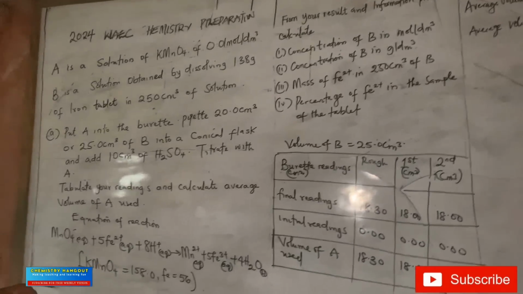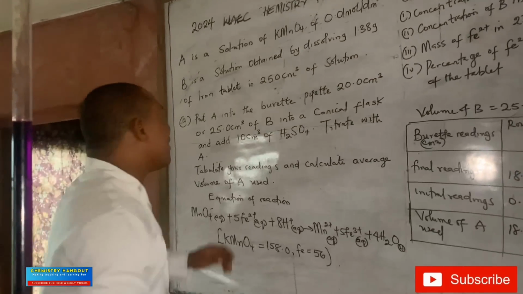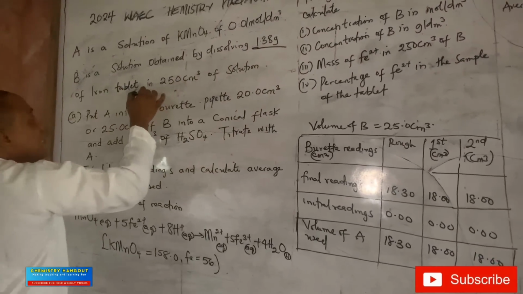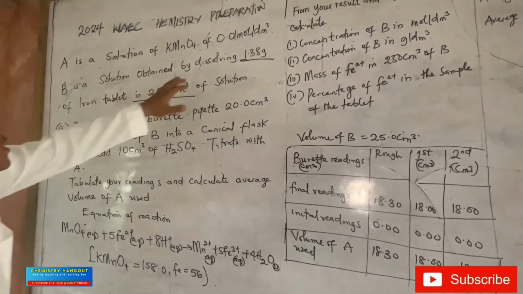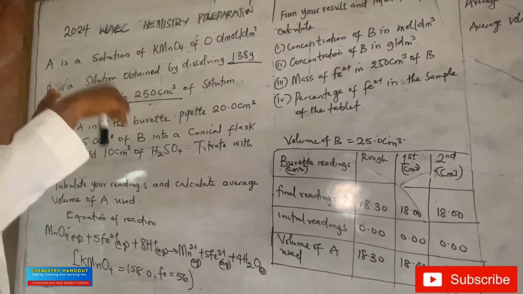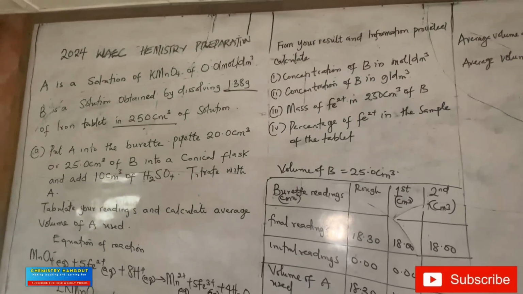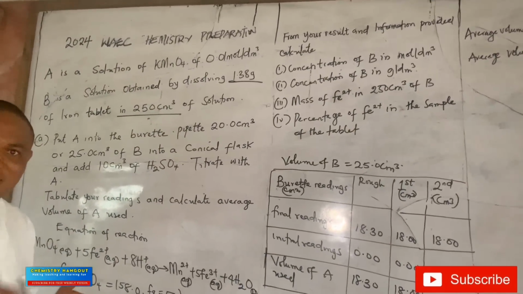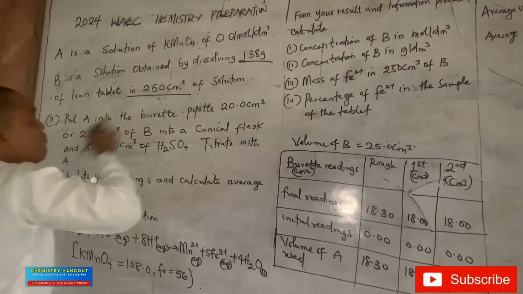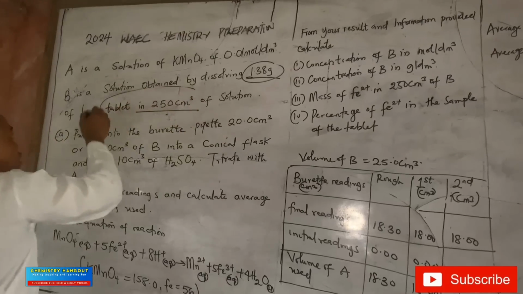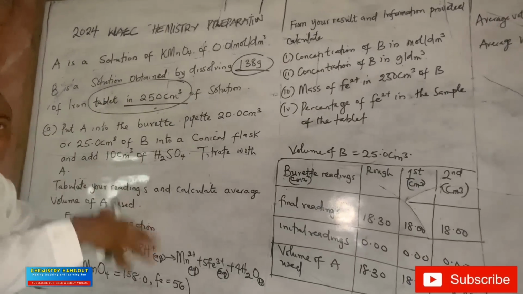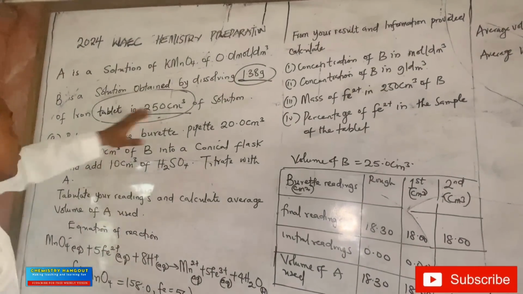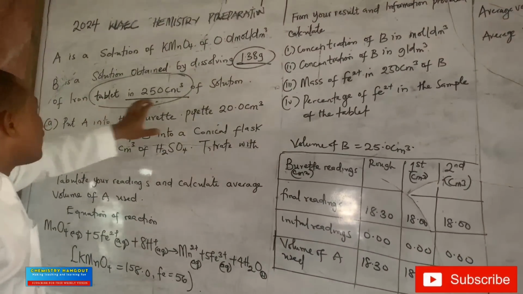The next is the concentration of B in mole per dm cube. Now listen to that. If you look at this, let's take note: 1.38 gram of iron tablet in 250. Because this is a solution, it is not only iron tablet that is there; there is a liquid substance there too. So these two values have to do with the tablet solution: 1.38 gram of iron tablet in 250 of the solution.